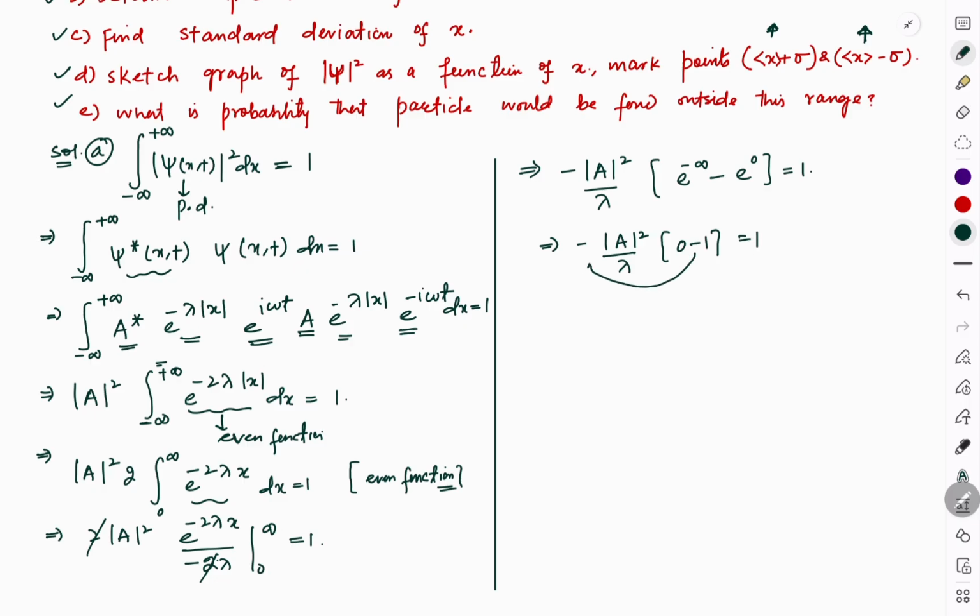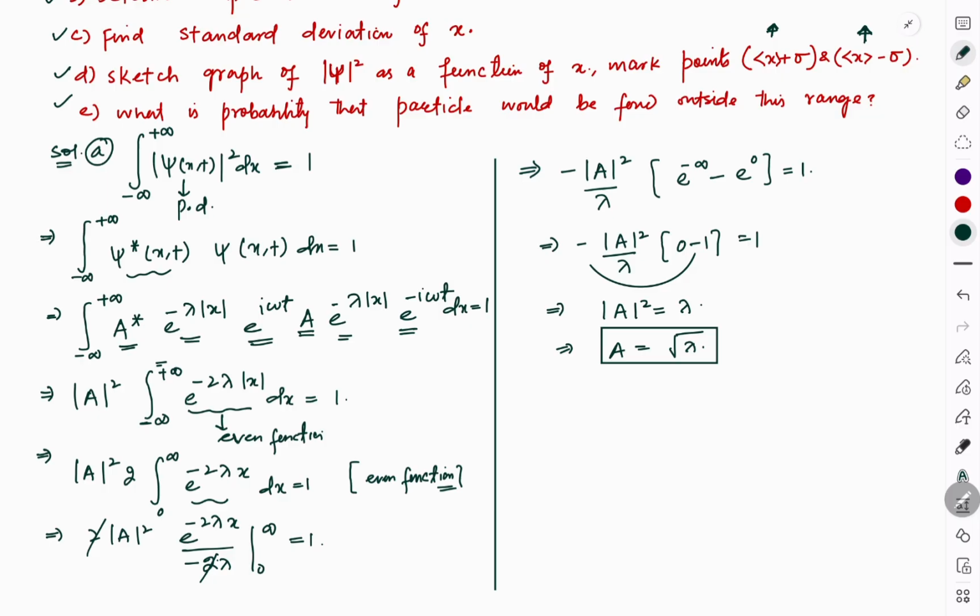So this minus will combine with this minus, and it would be |A|² equals λ, which implies A is root of λ. So this is the normalization constant. We normalized the wave function.